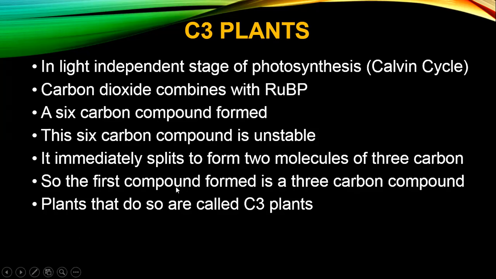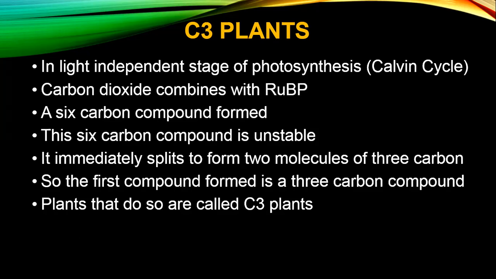So basically, the very first compound formed in the light independent stage of photosynthesis is a 3 carbon compound, so these plants are called C3 plants. Just remember that this C3 or C4 terminology is with reference to the very first compound formed in the light independent stage of photosynthesis, whether it has 3 carbons or 4 carbons.